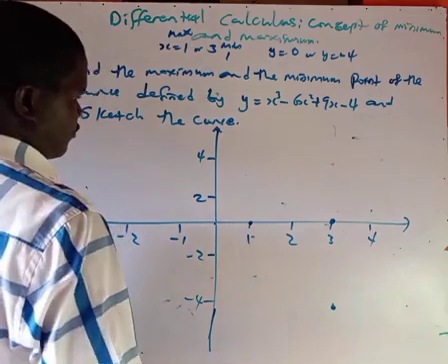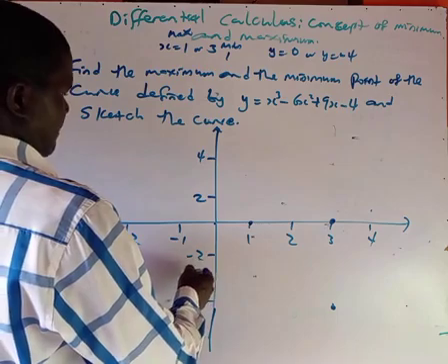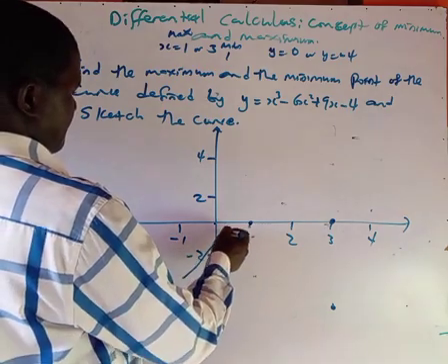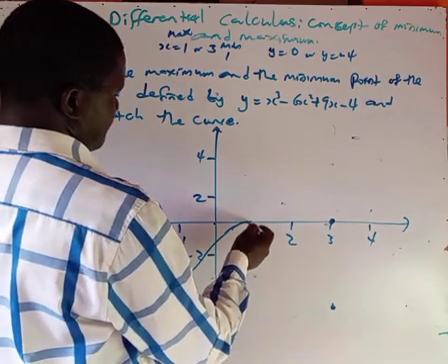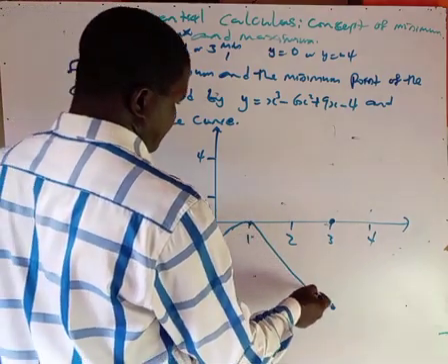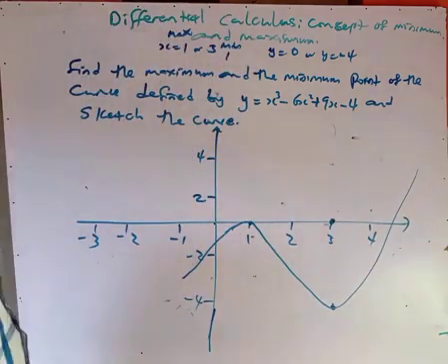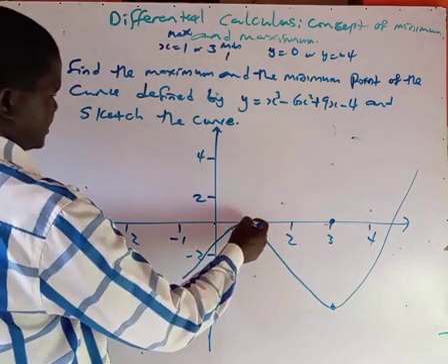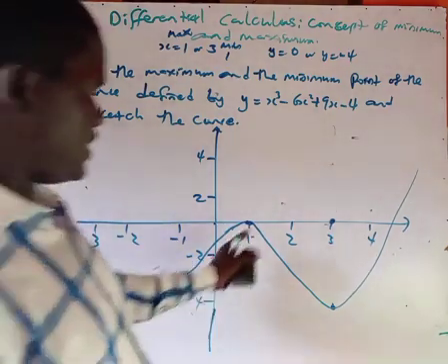So how is the curve going? So the curve can be like this. So at this particular point, the curve could be like this.